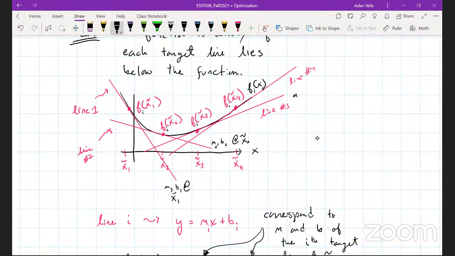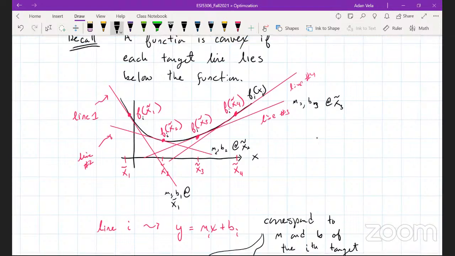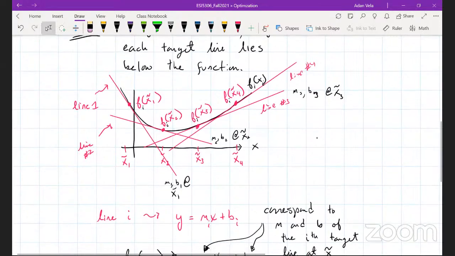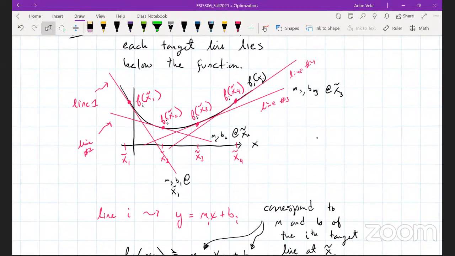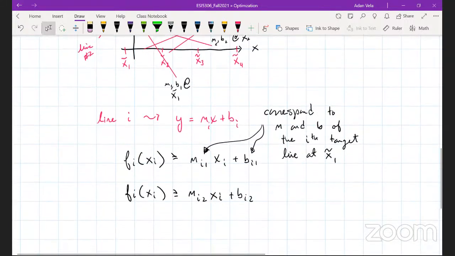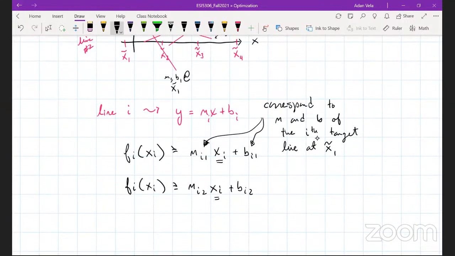So each tangent line is associated with an m, a b, and a tangent point x. Now that tangent point x is not the same x here. The x we're referring to here is the decision variable that's part of the optimization.